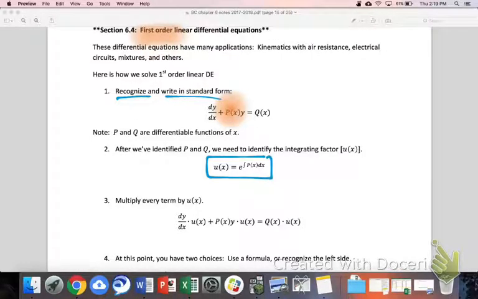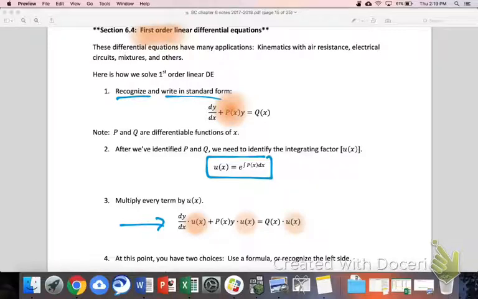Once we've done that, we multiply every single term by that integrating factor. We distribute it throughout all three of the terms we had at the beginning, and that gives us something like this. First term, second term, third term all got multiplied by that integrating factor, which is a very strategic expression that will allow this to work.